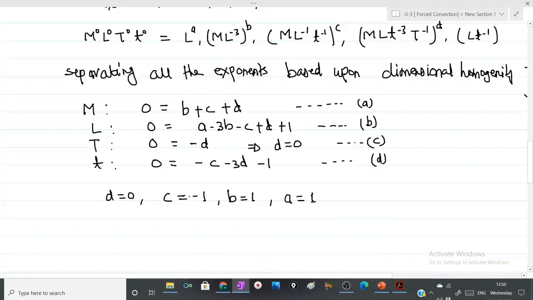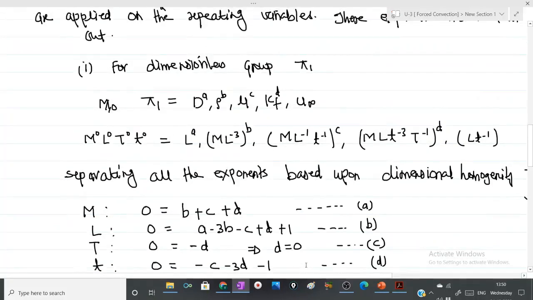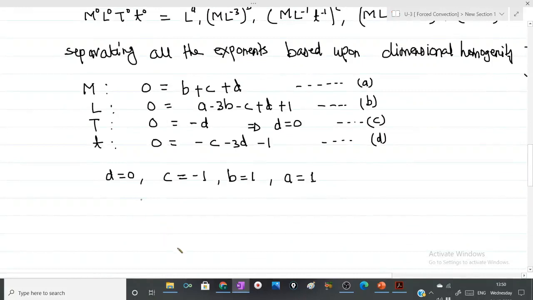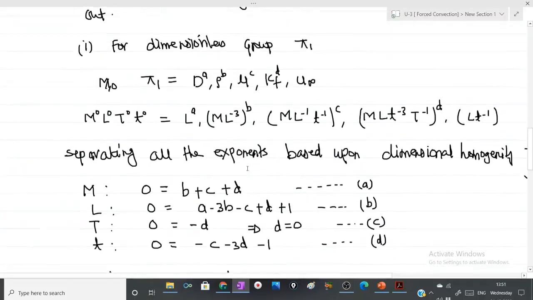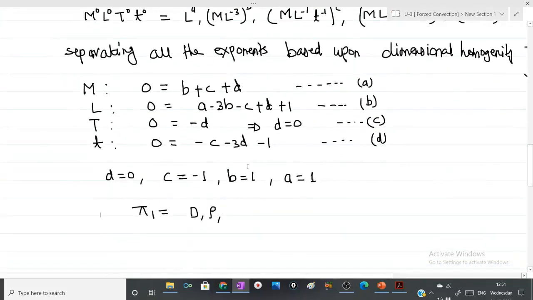Now, let us put the values of all these exponents into the pi term. The pi 1 term will become d to power a means d, then rho to power b means rho, then mu to power c is minus 1, kf to power d is 0, and u infinity is u infinity.